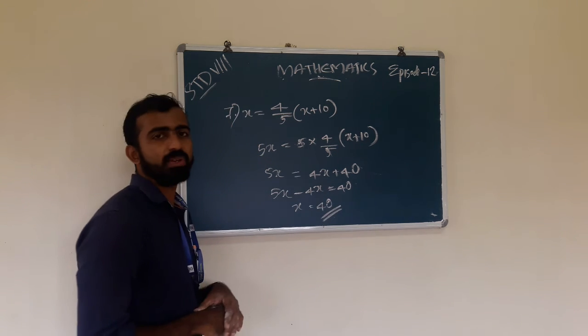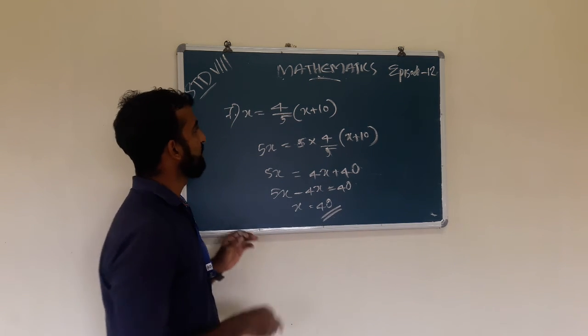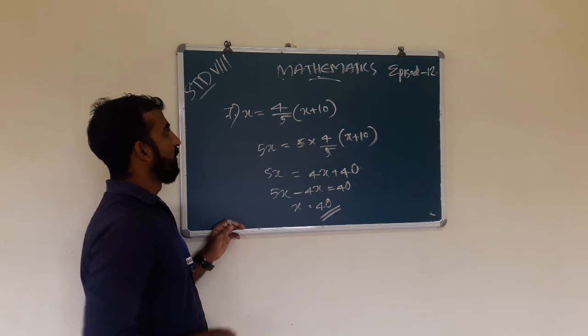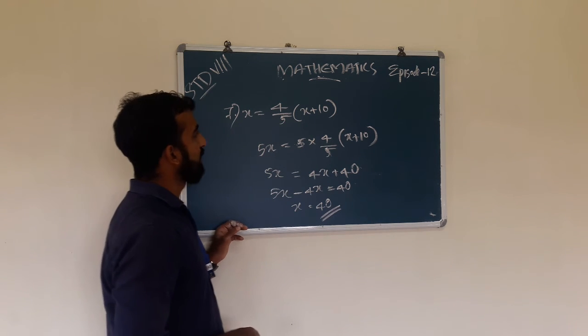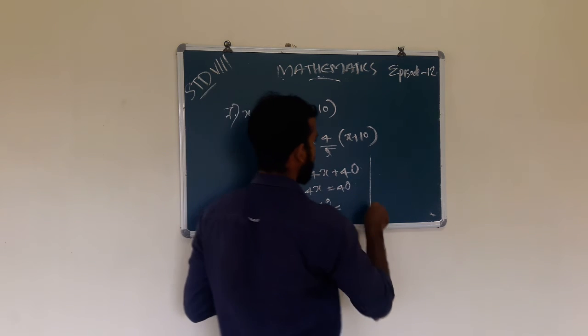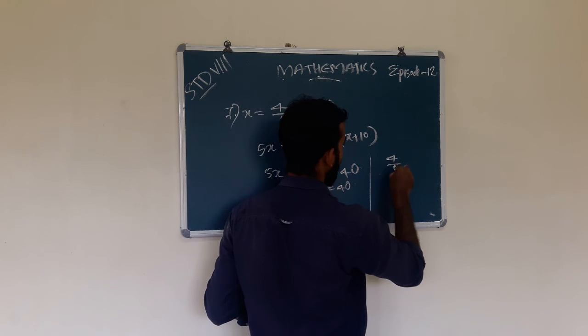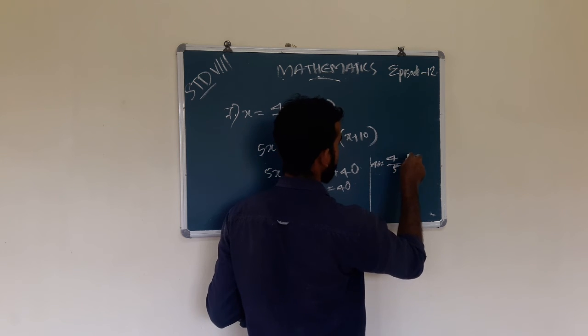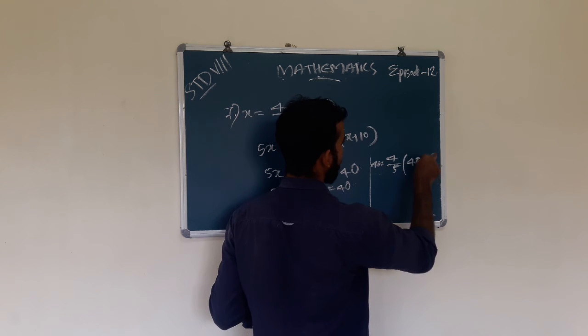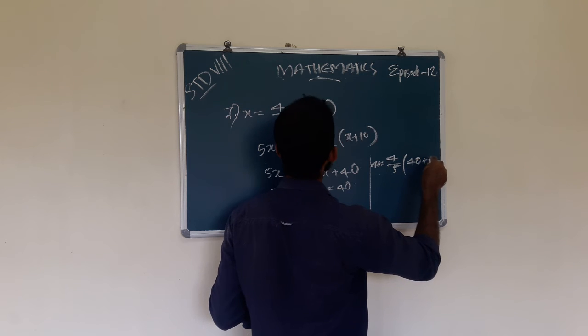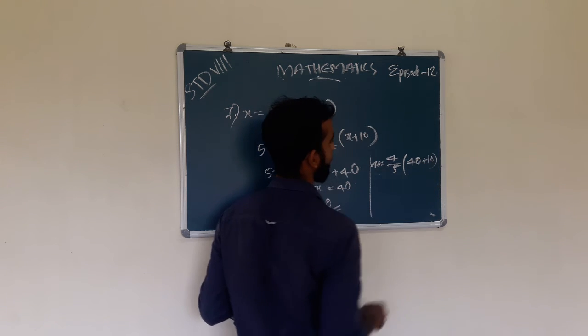When we give x as 40, we can check: 4 by 5 into (40 plus 10).